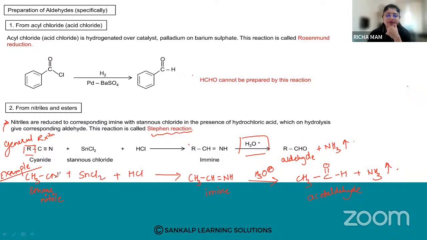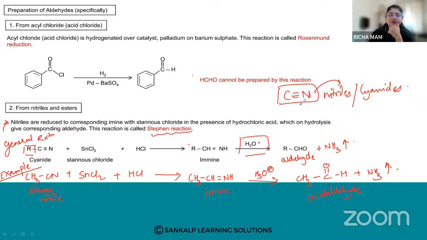So what we are doing is taking nitriles, or cyanides, that is C triple bond N. We are reducing, which means we are adding a molecule of hydrogen across the triple bond, and then on hydrolysis we are going to get the aldehyde.